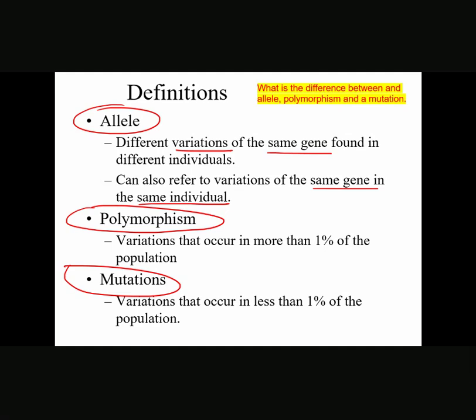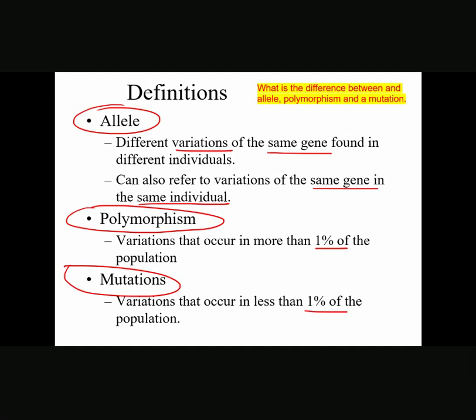Polymorphism. More than 1% of the population has that same allele that you have. So that could be eye color, skin color. It's just a polymorphism. It represents more than 1% of the population. But if it's a really rare allele, less than 1% of the population, we call it a mutation.